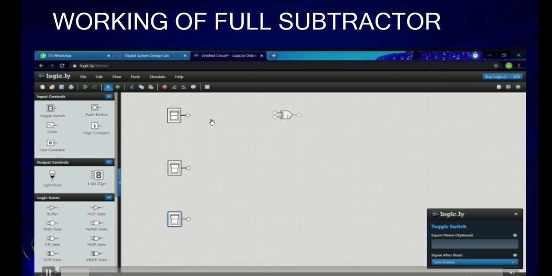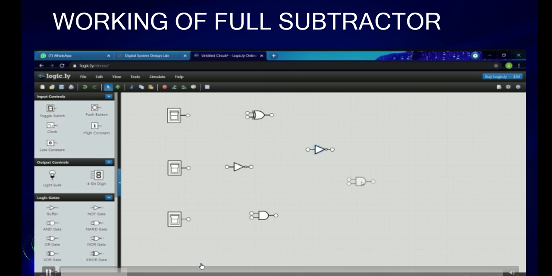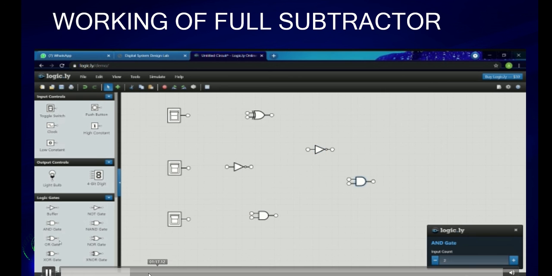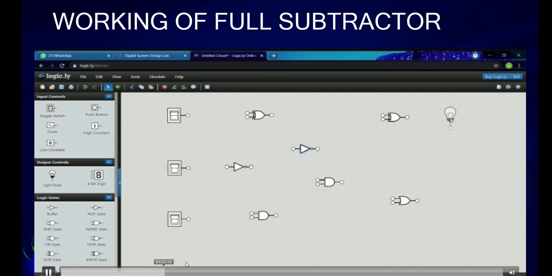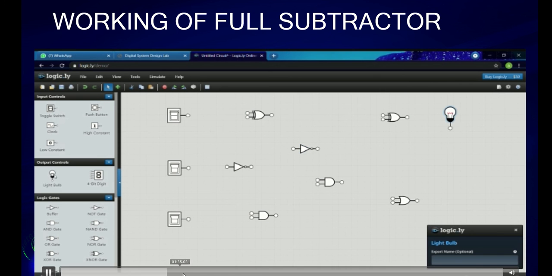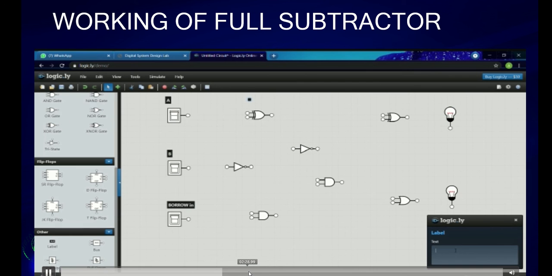We require 3 input toggle switches, 2 XOR gates, 2 NOT gates, 2 AND gates and 1 OR gate. And we require 2 output bulbs. One is difference and another one will be borrow. And this is A, this is B, this is borrow in or C. These 3 are the inputs, and this is XOR gate, these 2 are the NOT gates, and these 2 are the AND gates, and this will be another XOR gate, and this will be OR gate.